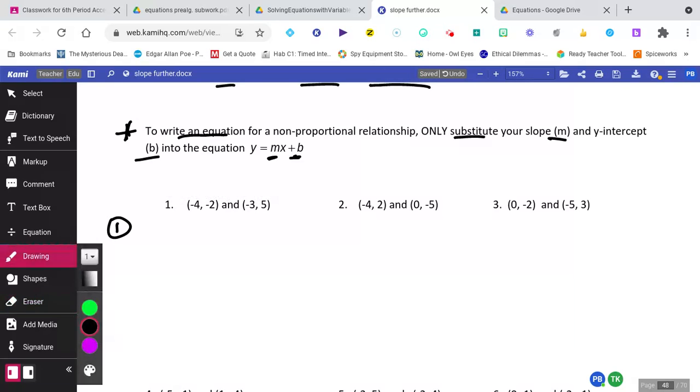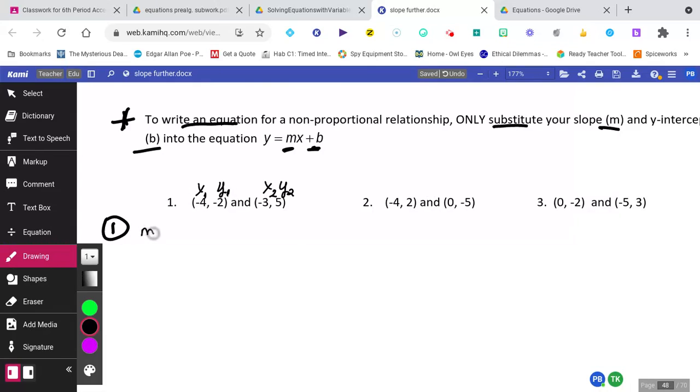An ordered pair consists of an x coordinate and a y coordinate. The only reason these have the little 1s on them is because it's the first ordered pair. And these have the 2 on them because it's the second ordered pair. But every ordered pair consists of an x coordinate and a y coordinate. That's why we have an x-axis and a y-axis. Okay?